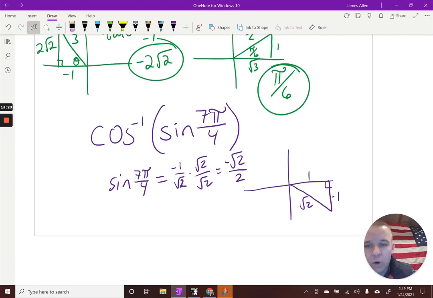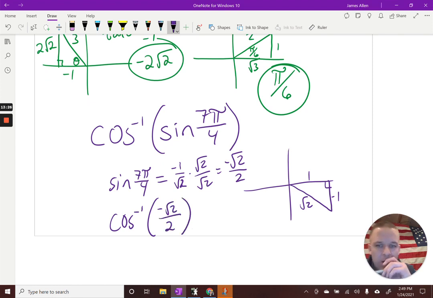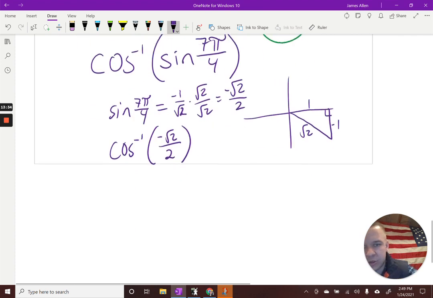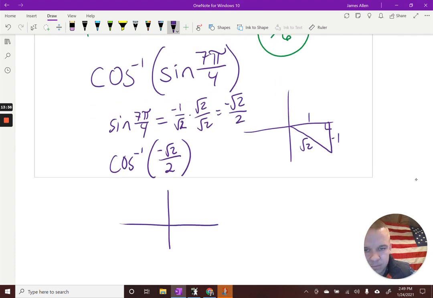Now, inverse cosine of negative root 2 over 2. What's that? Well, we got to position that accordingly because inverse cosine is defined in the 1st and 2nd quadrants. Negative would be in the 2nd. So I'm going to draw that up. And I know that this is going to then be negative 1, 1, and root 2.